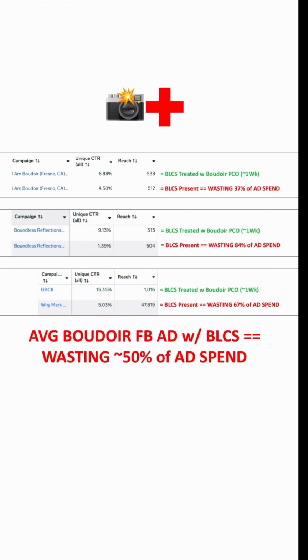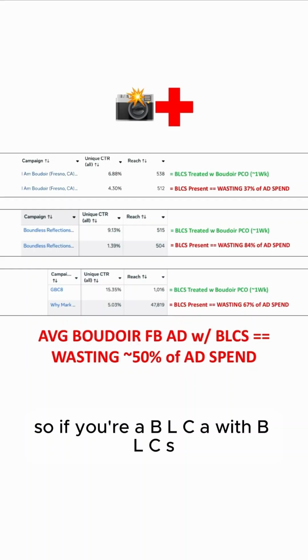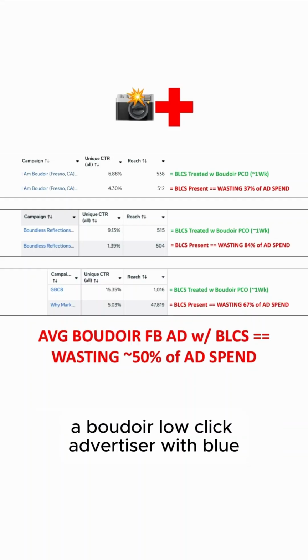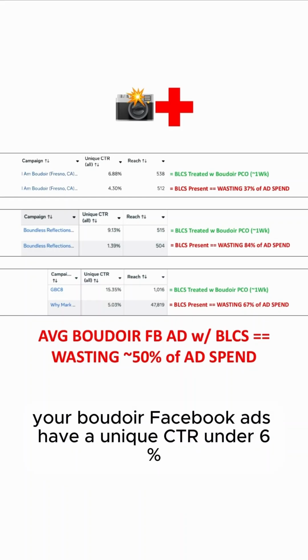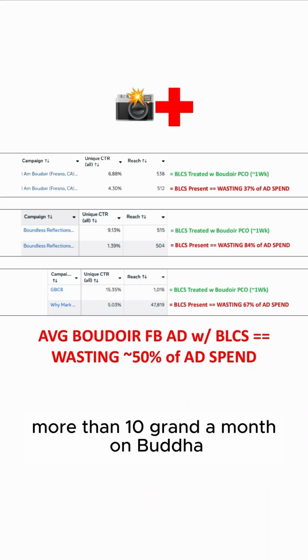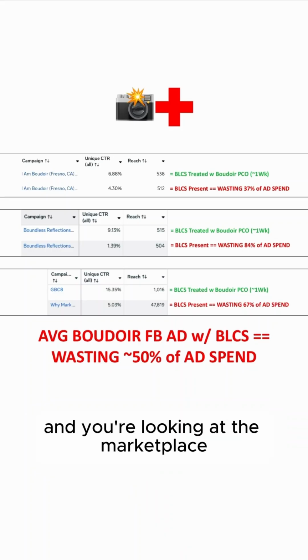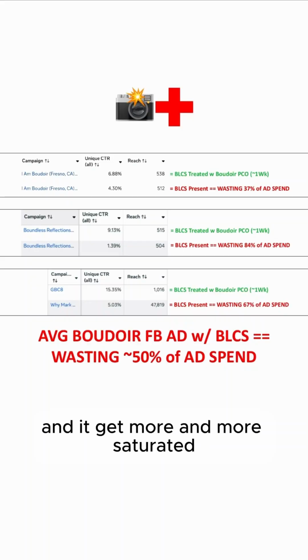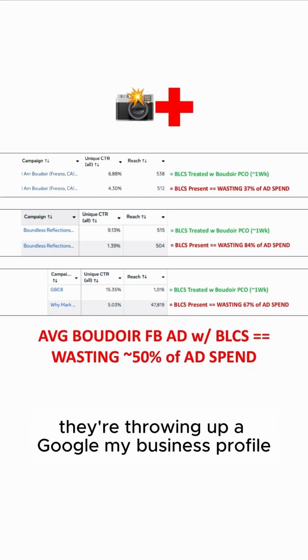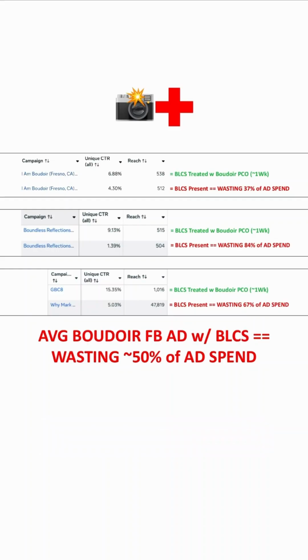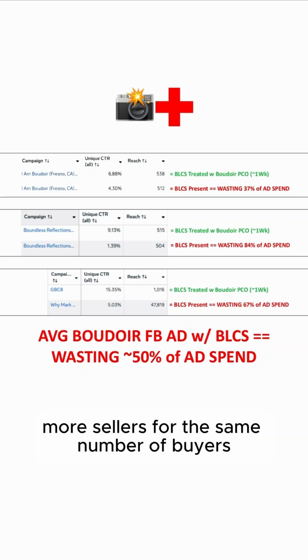So if you're a BLCA with BLCS, a Boudoir low click advertiser with Boudoir low click syndrome, your Boudoir Facebook ads have a unique CTRL under 6%, and you're spending more than 10 grand a month on them, and you're looking at the marketplace and it's getting more and more saturated. Seems like anytime someone gets a new iPhone, they're throwing up a Google My Business profile saying they offer Boudoir. Or anytime someone gets a new camera, they're posting in the mom group saying they offer Boudoir. So the market's getting more saturated, more sellers for the same number of buyers.